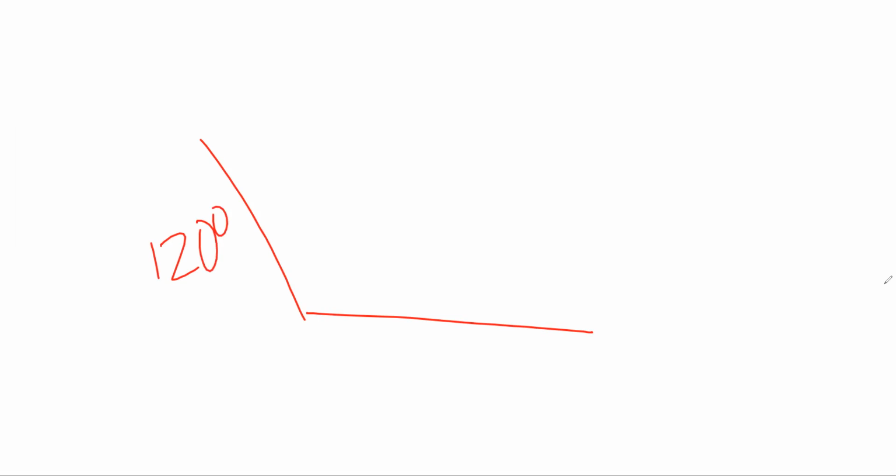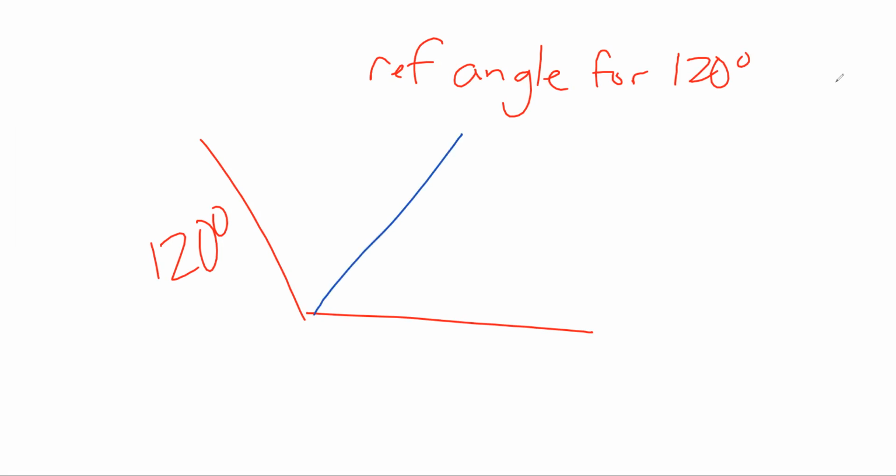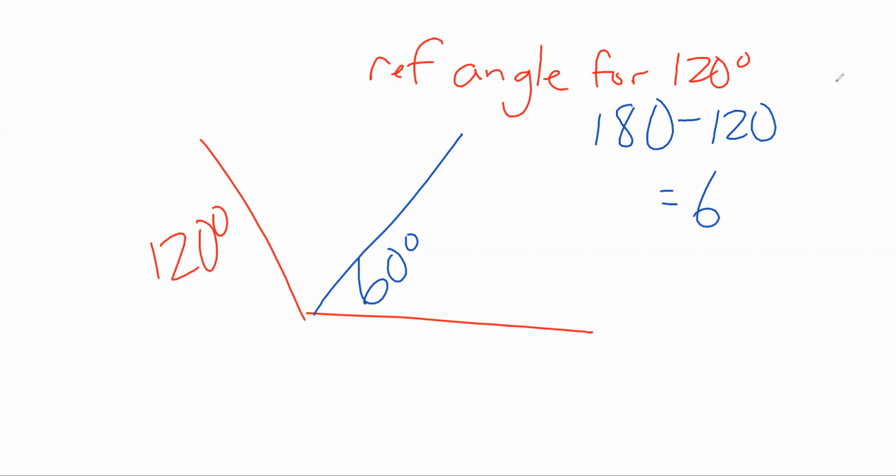If you want the reference angle for 120, I'm hoping you're going to just follow the visual and realize that 120 is going to have this angle here and that the two angles always add up to 180. So for 120, you would subtract 180 minus 120, and the reference angle would be 60.